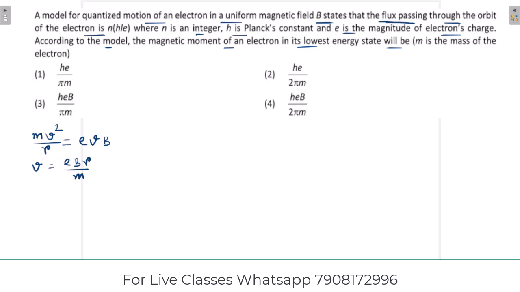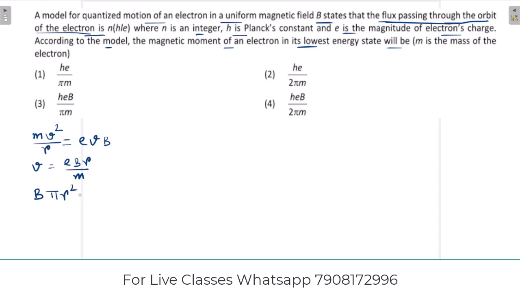And in this problem it is said that the flux through the orbit of the electron is given. Now we know that flux is magnetic field dot area, so B into A. Area is pi r square. Here the angle between the magnetic field and the area vector is zero, so B dot A is BA cos 0.